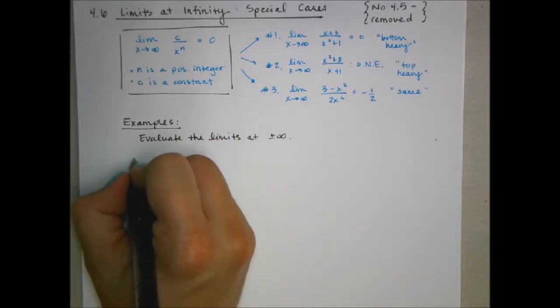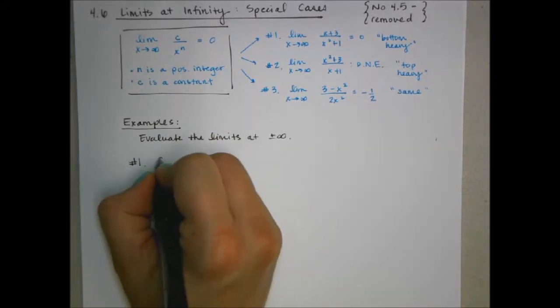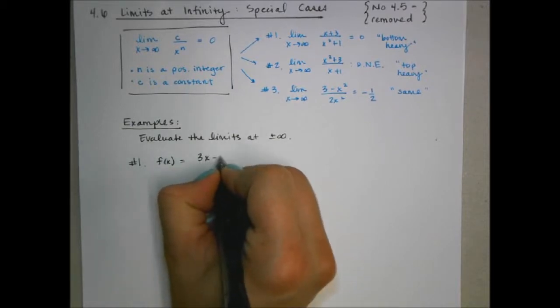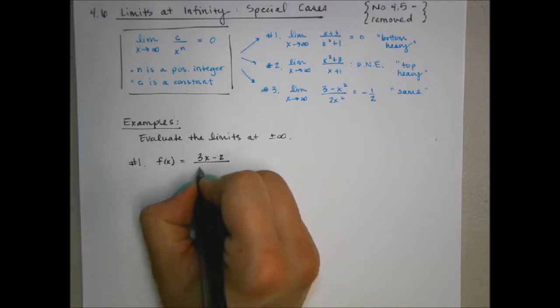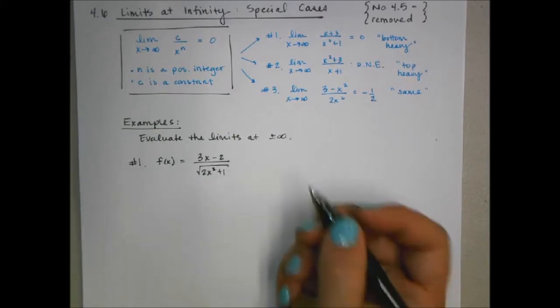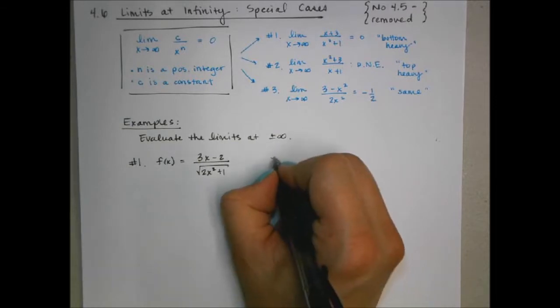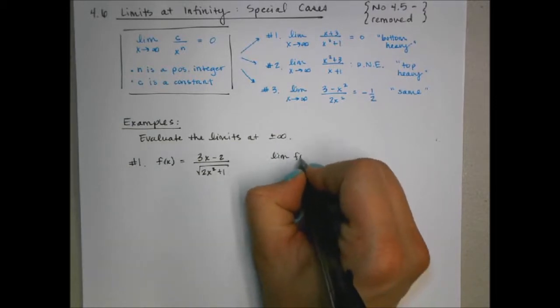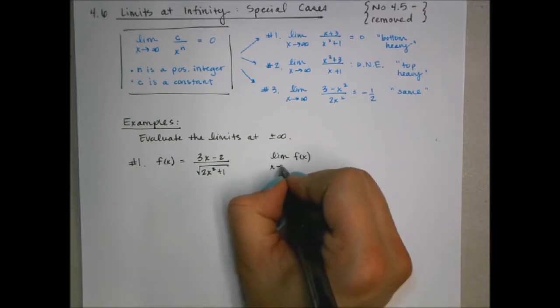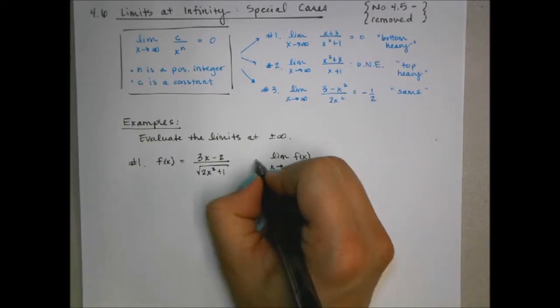So in our first example, let's say we have the function 3x minus 2 over the square root of 2x squared plus 1, and we would like to know the limit here. The limit of f as x approaches infinity. So let's call this part A.